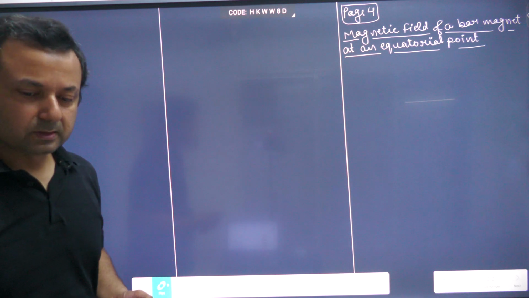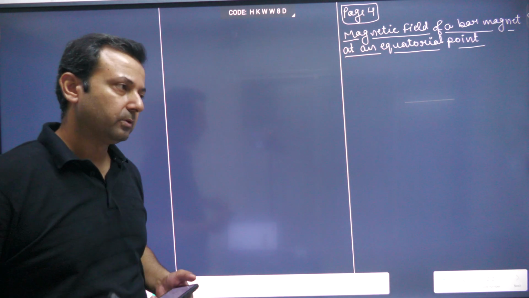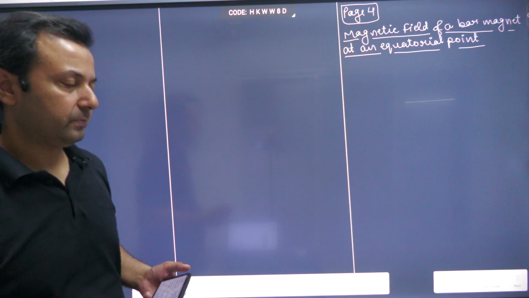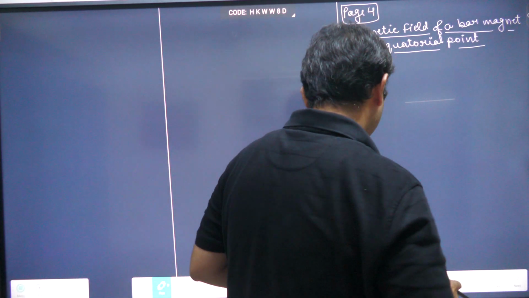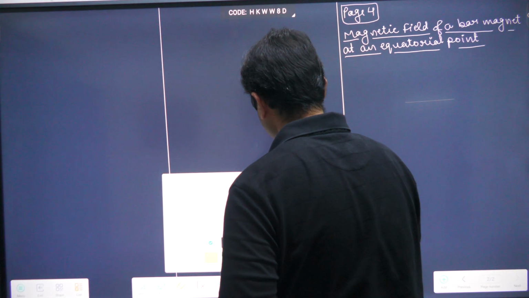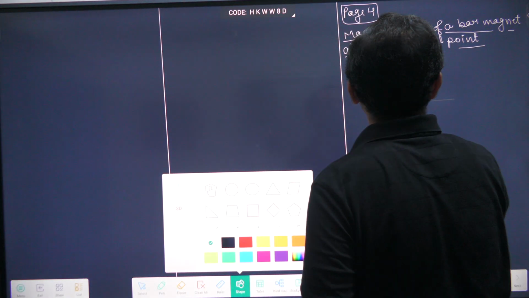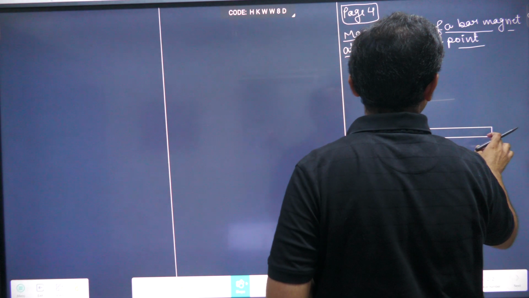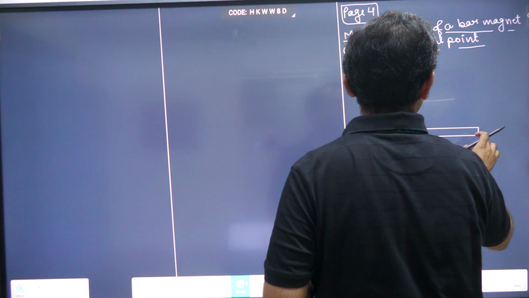Now we are again considering the bar magnet, and we have to calculate the magnetic field at an equatorial point. What is an equatorial point? An equatorial point lies on the perpendicular bisector of any bar magnet.